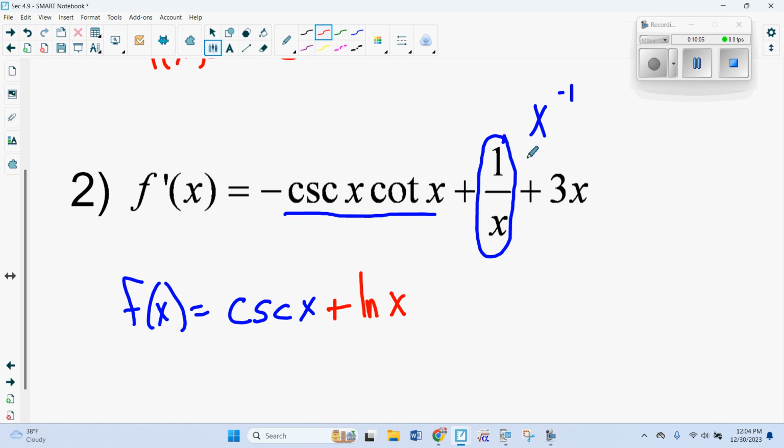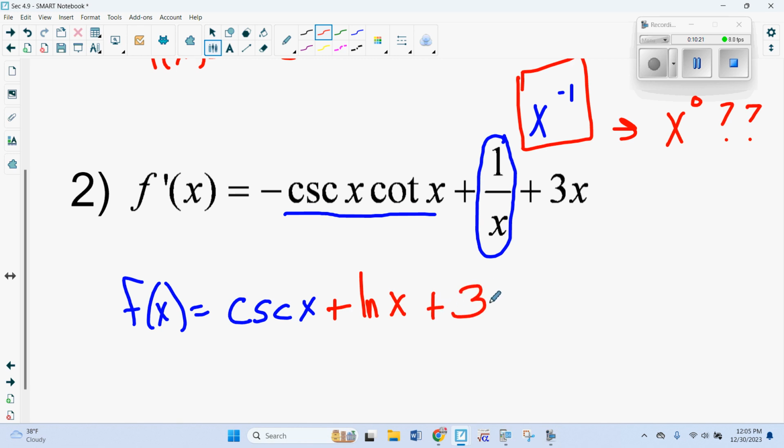So antiderivative is natural log. And like I said, the way to think about that is if you convert this to this, and then you get x to the 0, and you should have question marks, and that should be enough to remind you, oh yeah, that's natural log. Plus 3x, that would become 3x squared, and then we have to divide by 2. And then we always need a plus c.